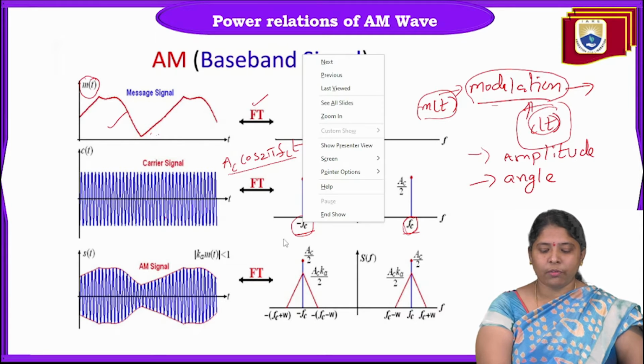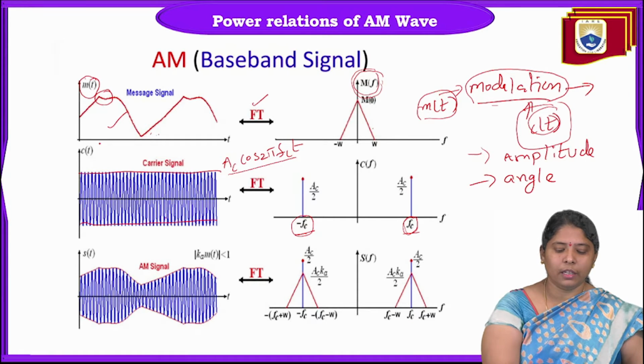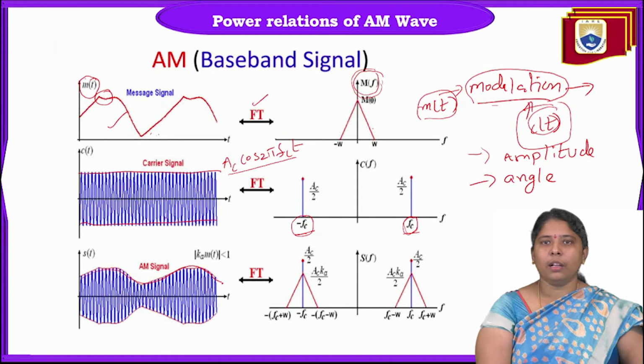Definition of amplitude modulation: the amplitude of the carrier signal varies in accordance with the message signal.